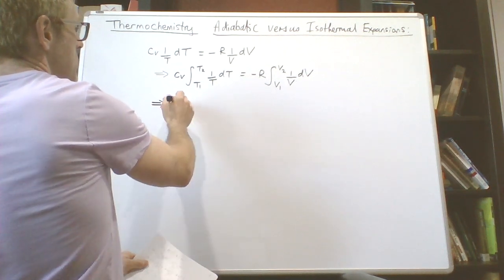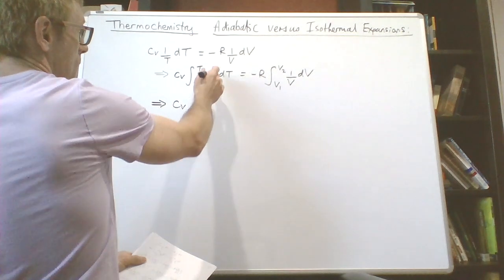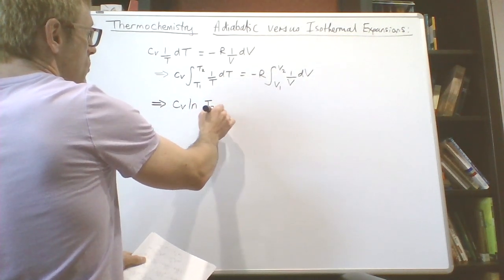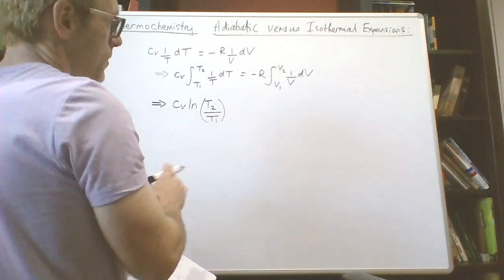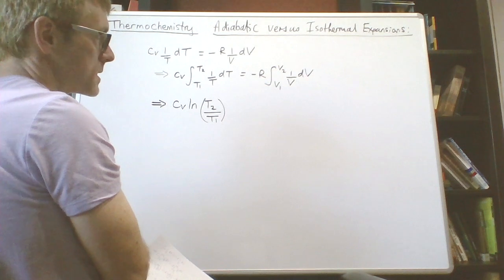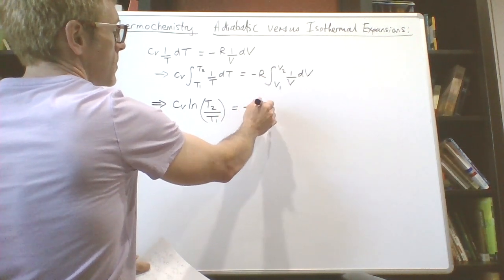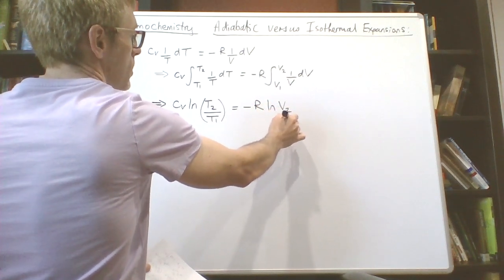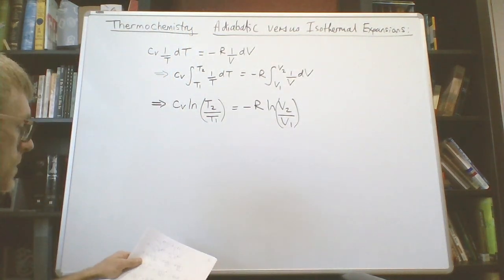So this implies that Cv log T2 over T1, again, earlier in the video I showed you why this is the case, is equal to negative R log V2 over V1. Okay, so we've summed over the changes and got rid of them.